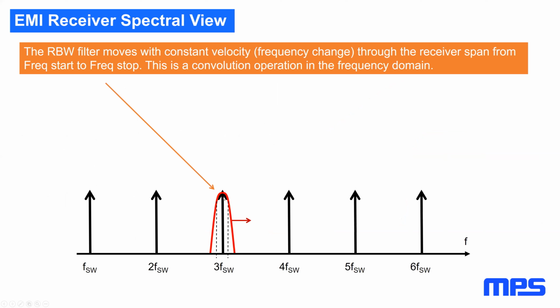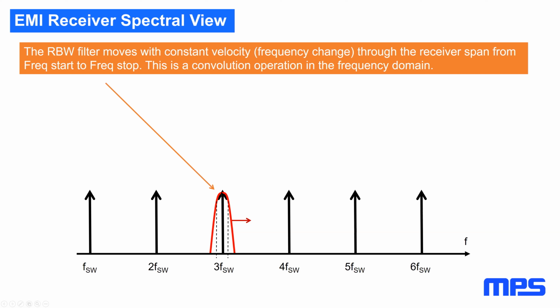So what we can do is move these spurs around right and left. Your receiver bandwidth filter, you can assume that your EMI receiver just moves its receiving filter through these spurs.